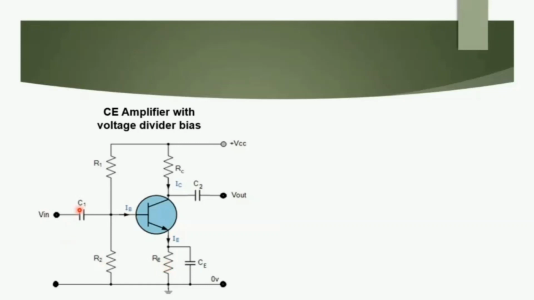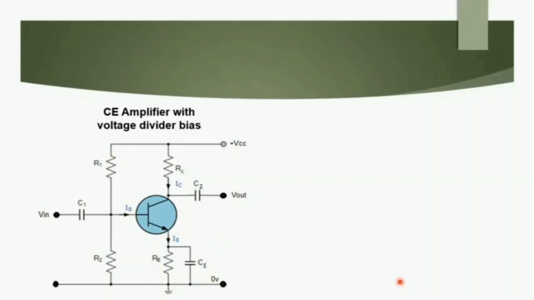Coupling capacitors C1 and C2 are used to block the DC passing towards source and load so as not to affect the biasing conditions. Here, bypass capacitor CE is used to nullify the effect of RE resistor in reducing overall circuit gain.